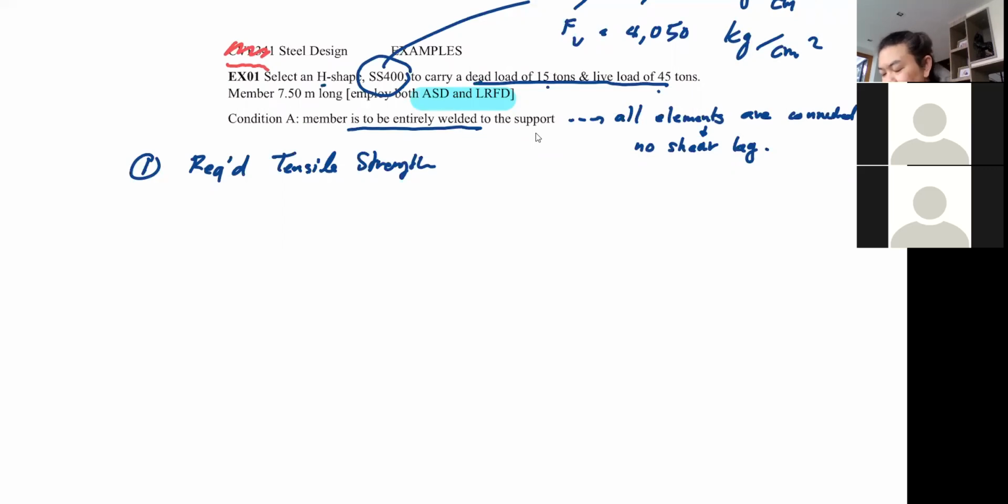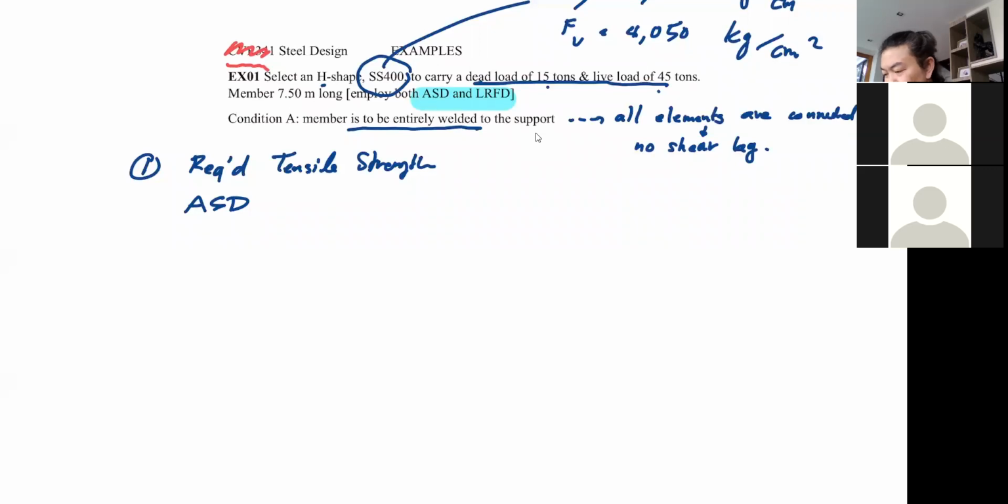So let's say if it's ASD, because we have only dead load and live load, so the worst case for the load combination is going to be, now in my sheet here I say P, but please, my apologies. Sometimes I write T, sometimes I write R, sometimes I write P, which is the same thing. It doesn't really matter.